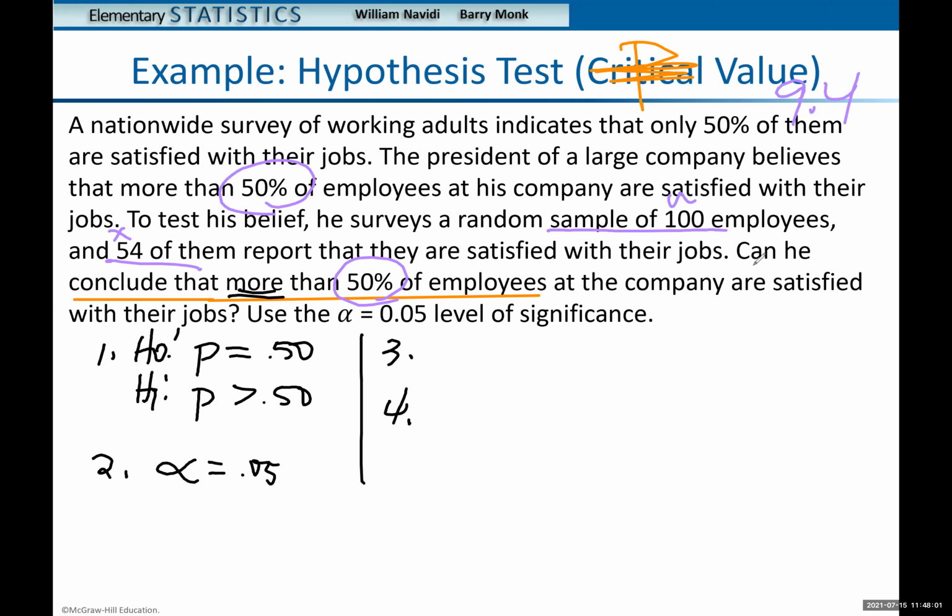Then steps 3 and 4. You know the shortcut here is a 1-prop Z test. So you're going to have a Z value and a P value here. When you enter your X and your P and highlight greater than, what are the answers?